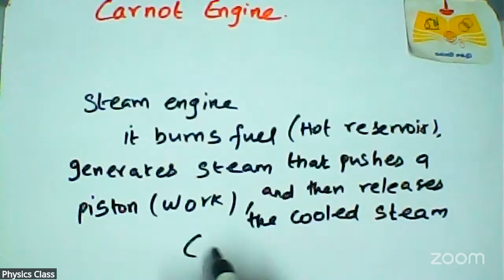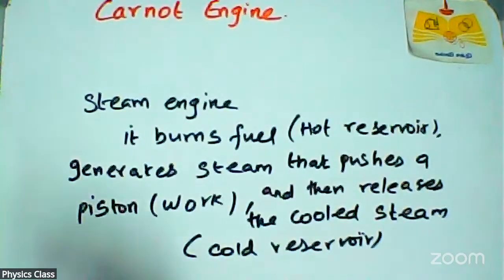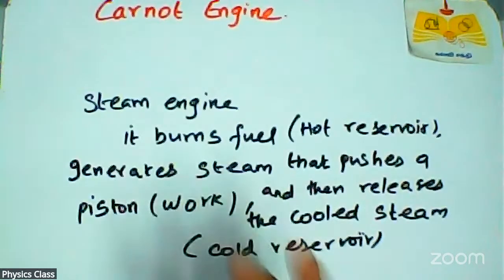That is the cold reservoir. So this is the basic principle behind the heat engine. A heat engine has a hot reservoir, which gives heat, a cold reservoir, which absorbs heat from the system, and in between there is a working substance. When we compare with the steam engine, it burns fuel, that is the hot reservoir, because we need heat from it.